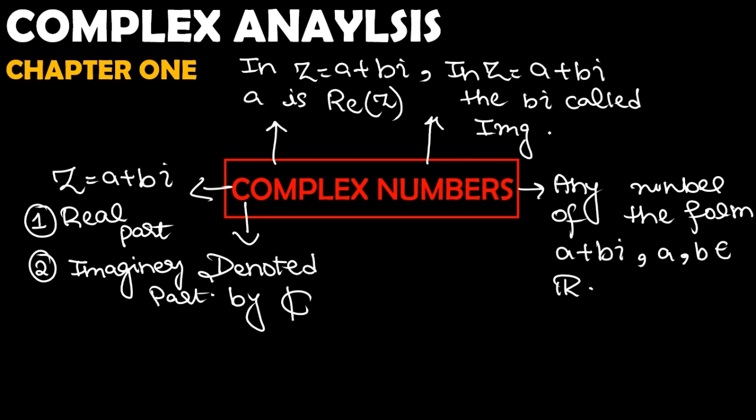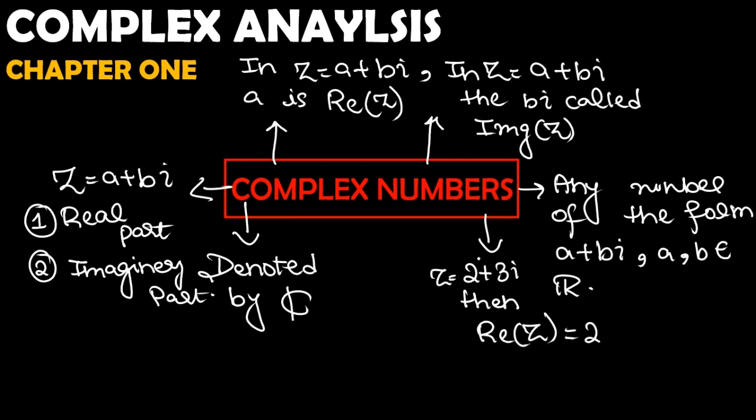By this, I mean, if I have a complex number like 2 plus 3 iota, then the real part of this complex number Z is 2, because in place of a, I have written 2, and with the imaginary unit I have 3. So the imaginary part of this complex number is 3. I hope you can understand this.